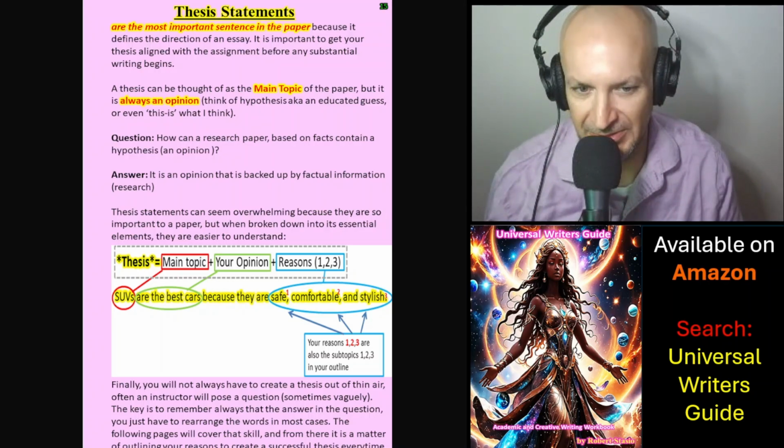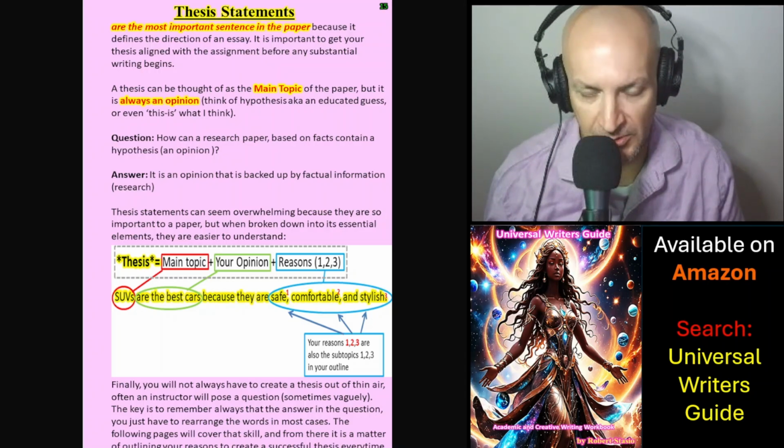It can be a little bit vague. So we'll talk a little bit later about having a command of the thesis, which will be very helpful for this scenario.